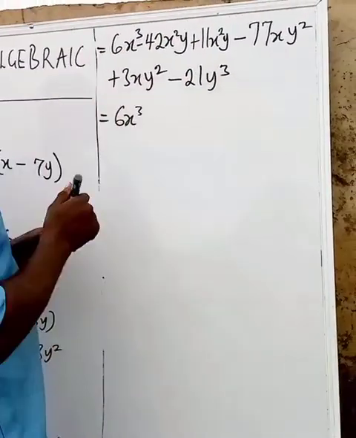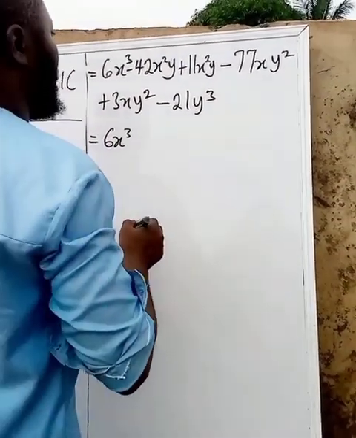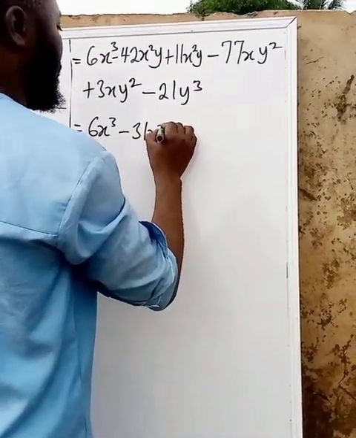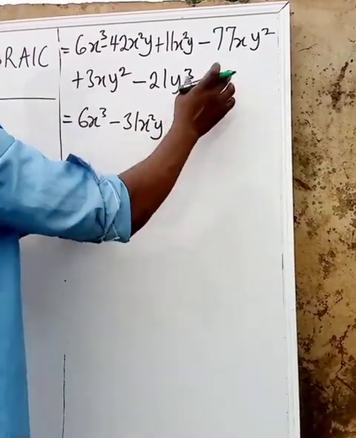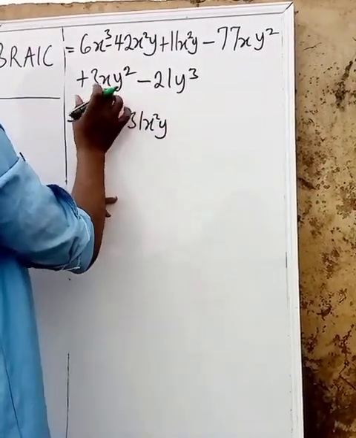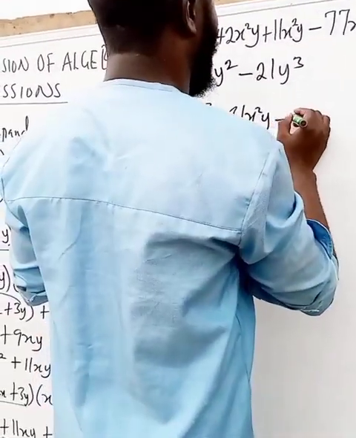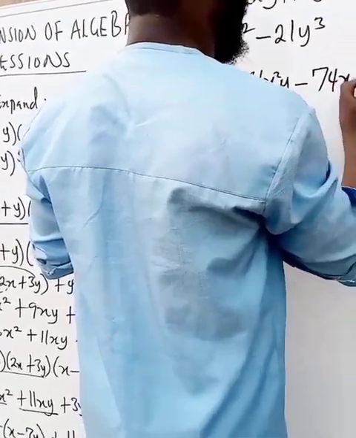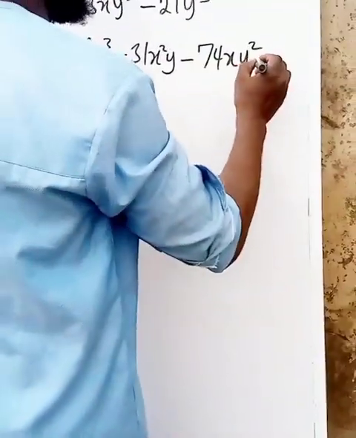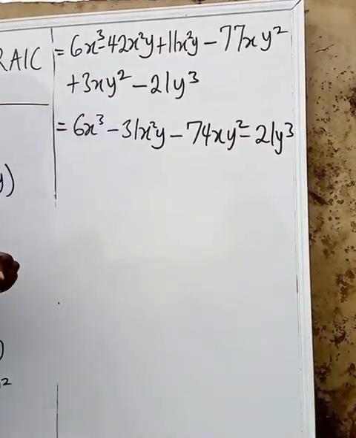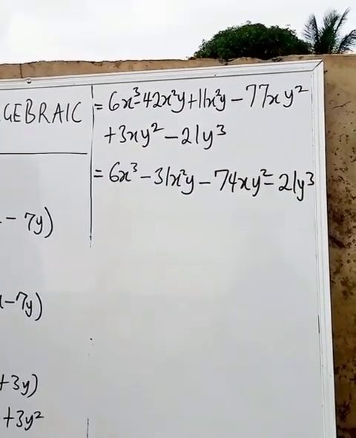So take 11 from 42, that's 31. So negative 31x squared y. Negative again and positive, you subtract. That's minus 74xy squared. Then minus 21y cubed. And that is the expansion of this.